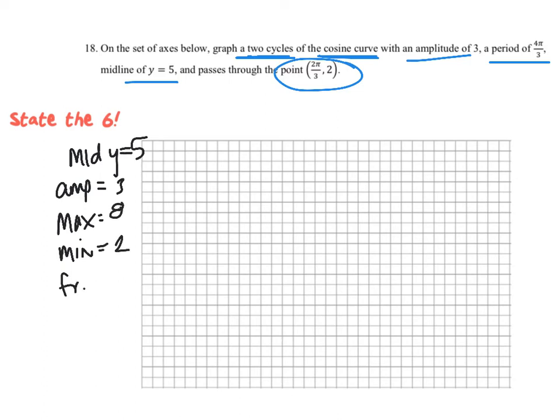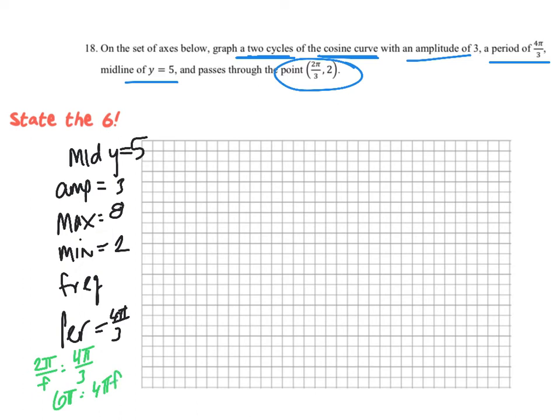Now I need my frequency and my period. This time they gave me the period is 4 pi over 3, and I need to go get the frequency now. All right, so 2 pi over f equals 4 pi over 3. Cross multiply. 6 pi equals 4 pi f.